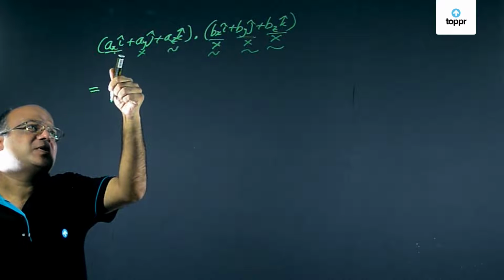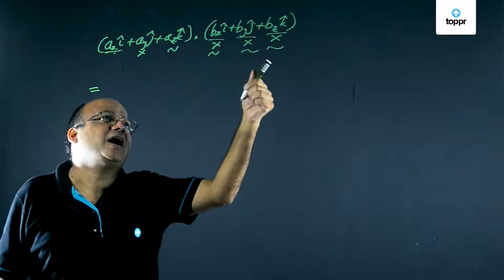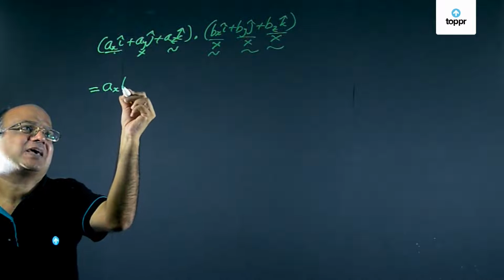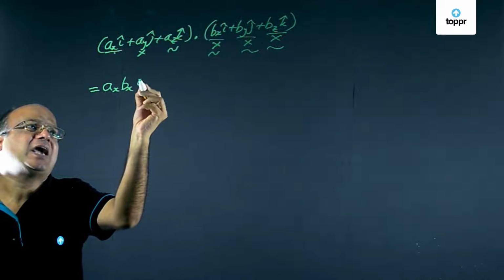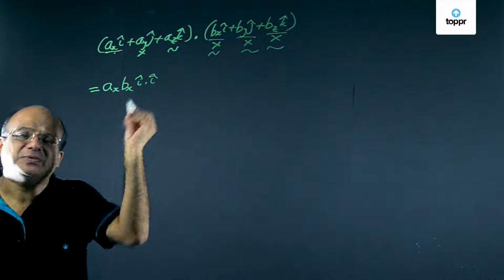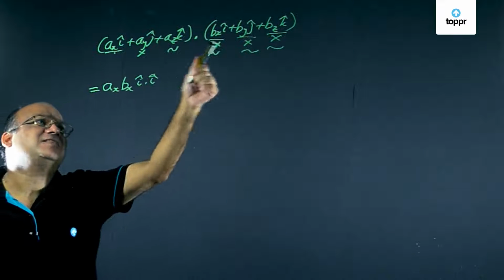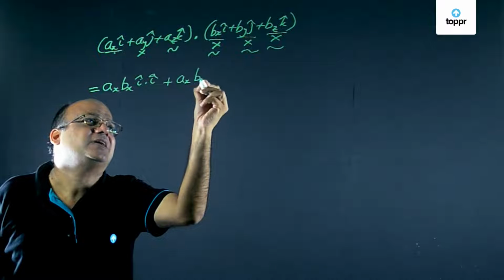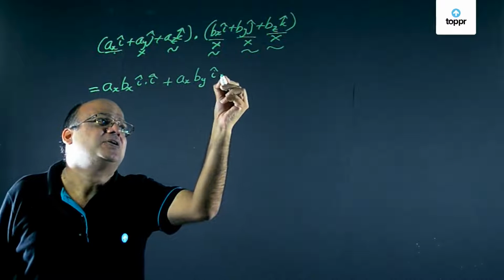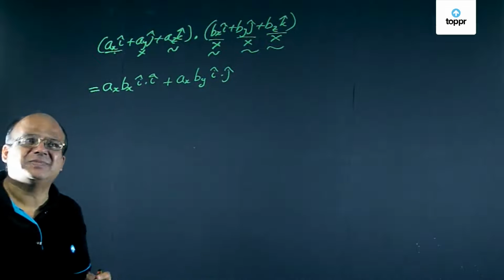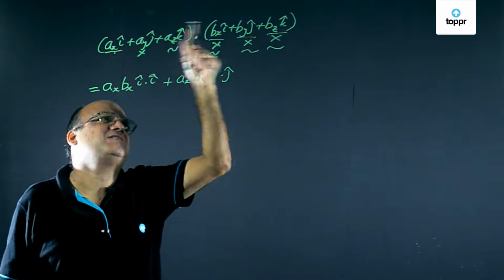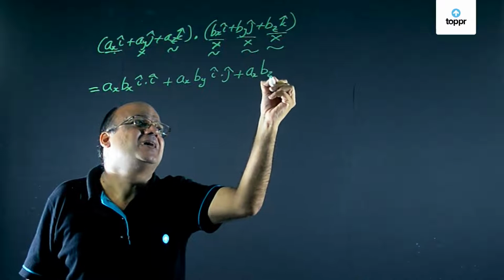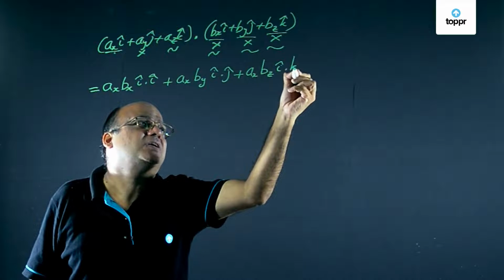Ax i cap dot Bx i cap. So we'll write the scalars first: Ax Bx i cap dot i cap. Now I'll multiply this and this, to get Ax By i cap dot j cap. And now we'll multiply this with this, so we'll get Ax Bz i cap dot k cap.